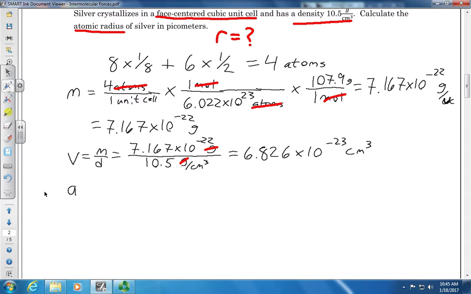Little a is equal to the cube root of volume, in this case the cube root of 6.826 times 10 to the minus 23 cubic centimeters, which is equal to 4.087 times 10 to the minus 8 centimeters.